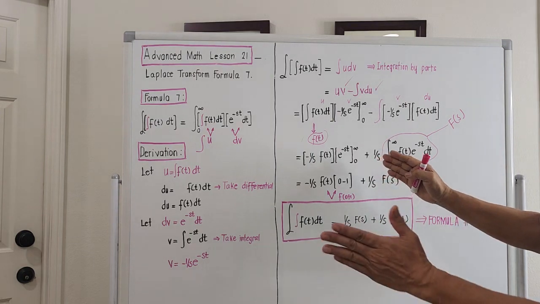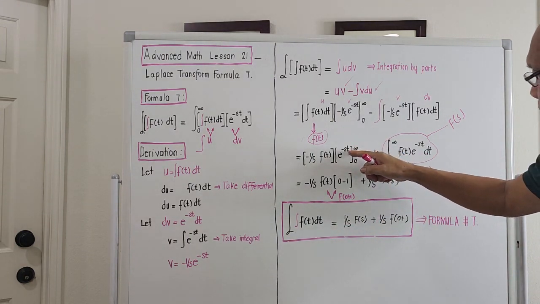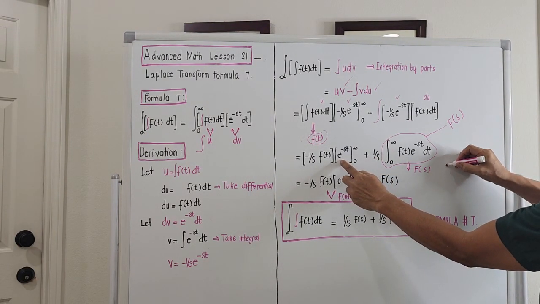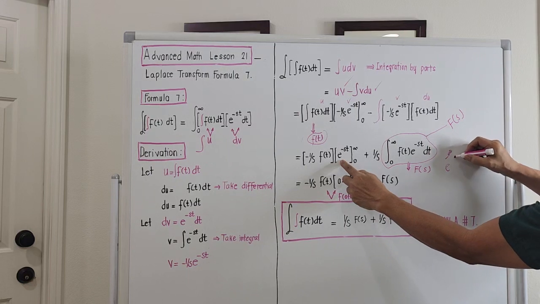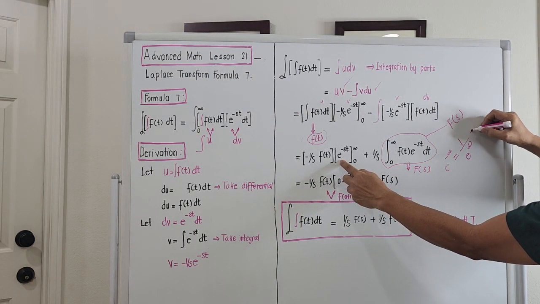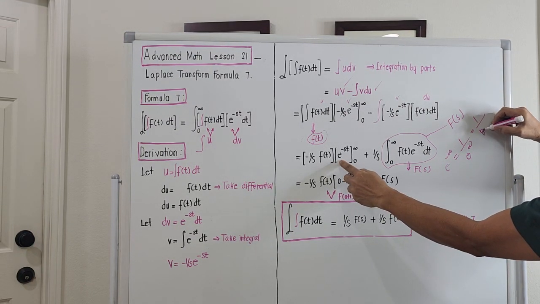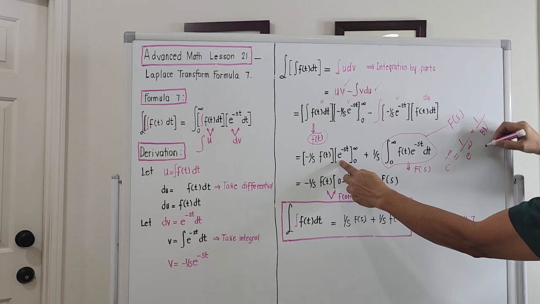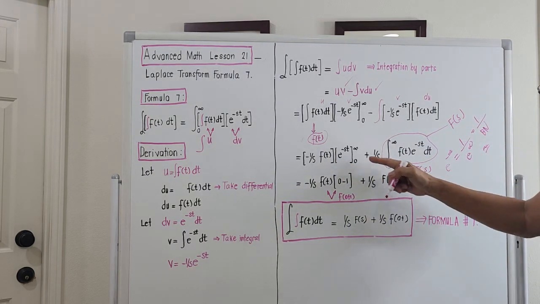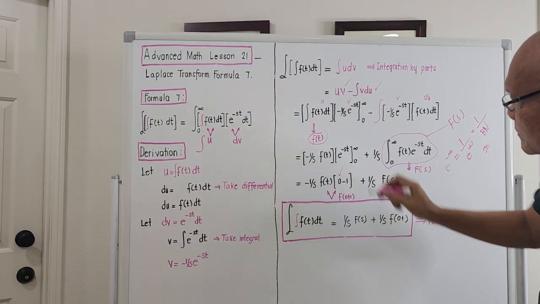Okay? Let's now try to apply the upper limit. When time t is equal to infinity, the upper limit will be e raised to negative infinity, and that should be 1 over e raised to infinity, which is a very, very big number, and 1 over a very, very big number is almost 0. So when we apply the time t equal to infinity, the upper limit will be 0.